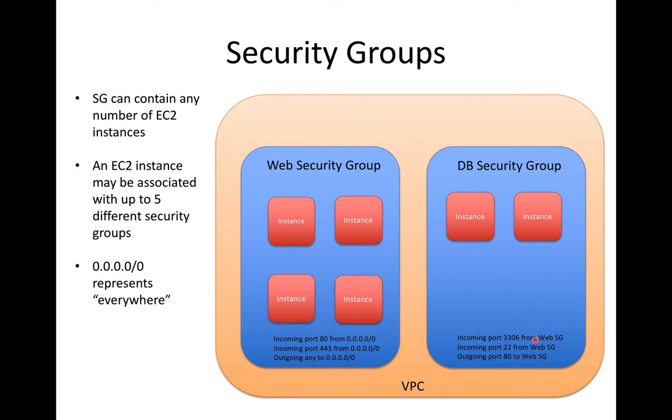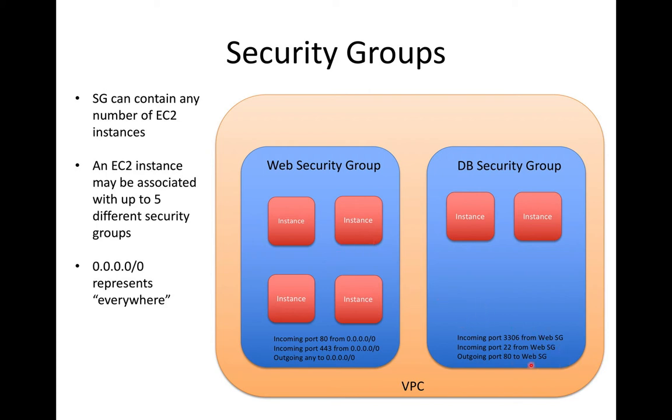That means that every member of the web security group can send data to the database security group over port 3306. They can also, based on the second rule, send data on port 22, which is the secure shell port. And then finally, these database servers can send data on port 80 to the web security group.